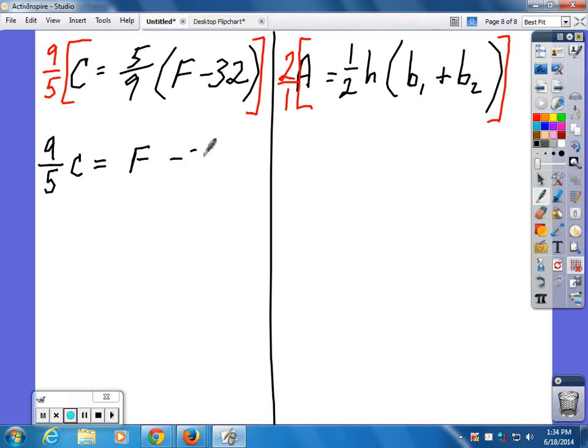F minus 32. And 2A is equal to H times B sub 1 plus B sub 2. Okay, now I'm going to give you a few minutes to work both of them, now that you got the fractions done away with.